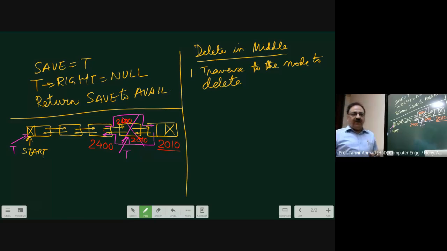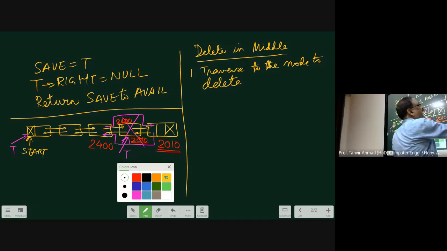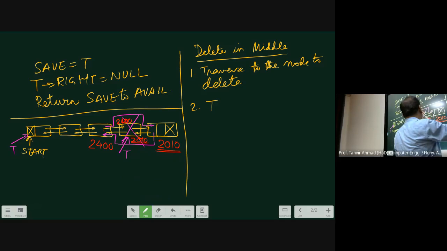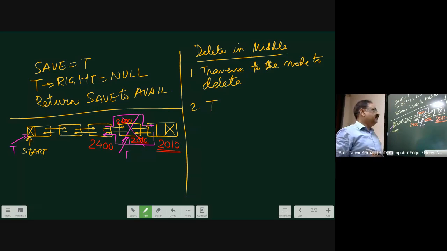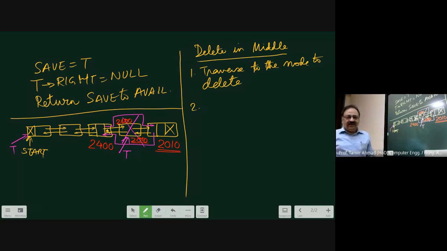Therefore, if I copy that value over here, I can copy either this or this. Now in this case, this value is T of right. What is this part called? There is no name, but it is nothing but T of left of right.